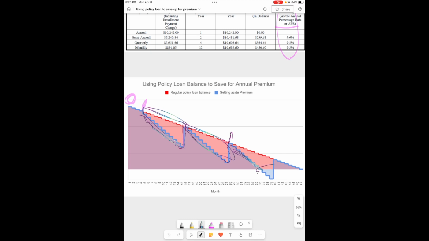So where does this go? Where does that premium end up? Well, that one you could set aside in the checking account for a few months to anticipate, or you can send it in as PUA and increase the permanent death benefit and add to your policy that way.